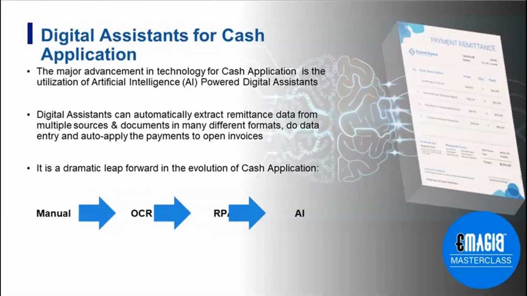And then you're looking for improvement. So the next big thing, just a few years ago, was robotic process automation, RPA, and that was another big leap forward. But AI has taken it a step further beyond RPA, and its ability to read and extract remittance data from just all sorts of sources, documents, repositories, and read it accurately. And we'll dive into that a little bit more here.